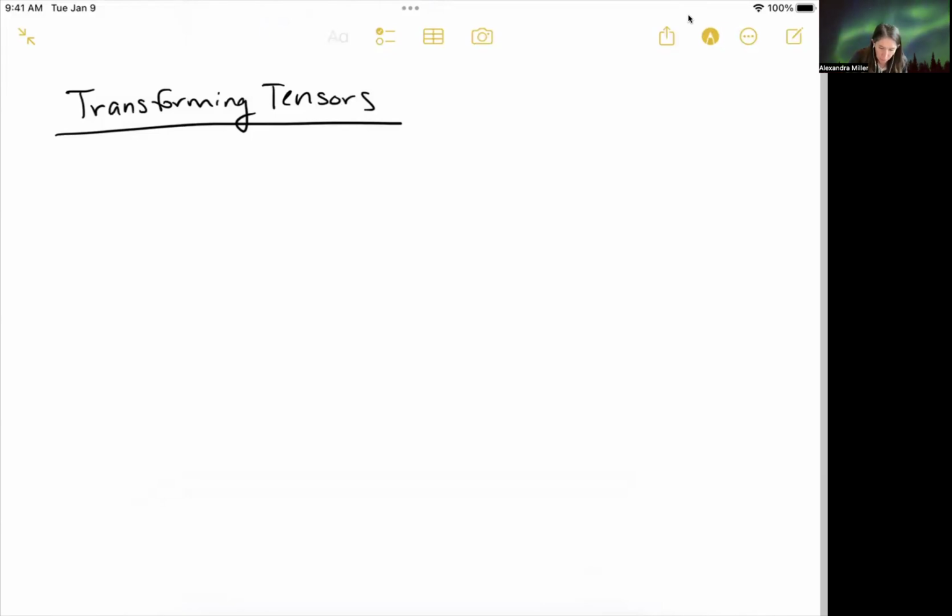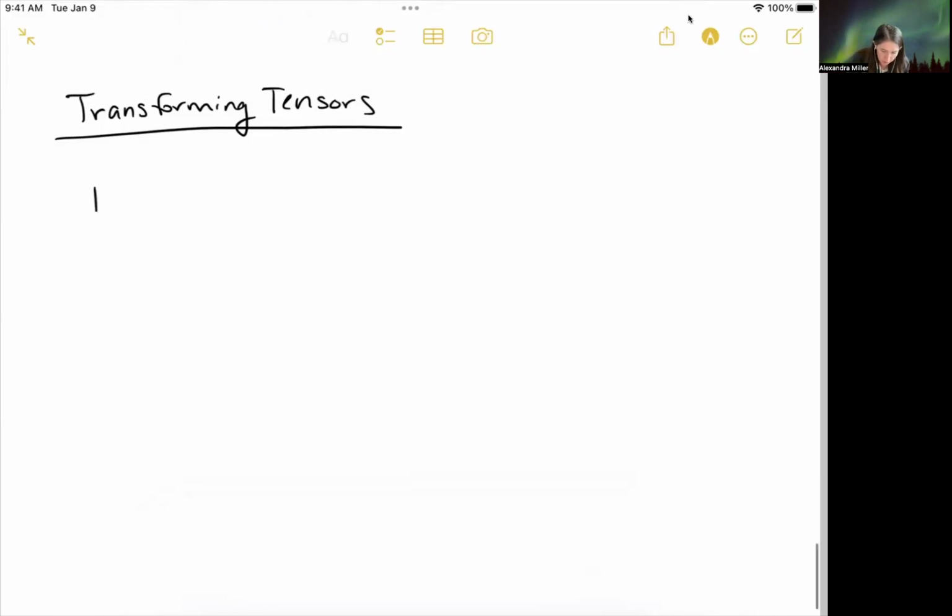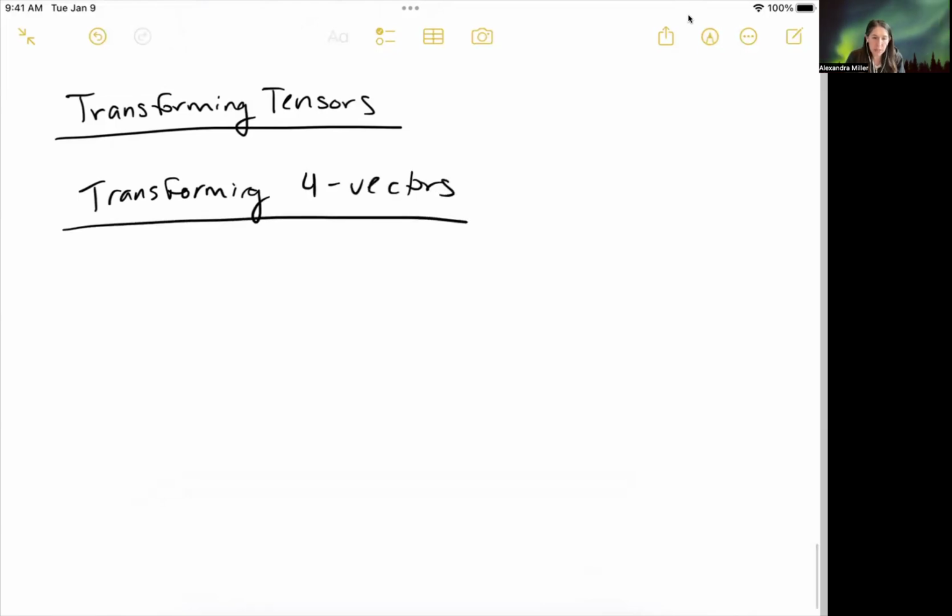Let's start with transforming four vectors as a very tangible example. If we have some four vector A^ν, and we want to see what it looks like in some new transformed reference frame, we're going to use capital lambda as our transformation tensor.